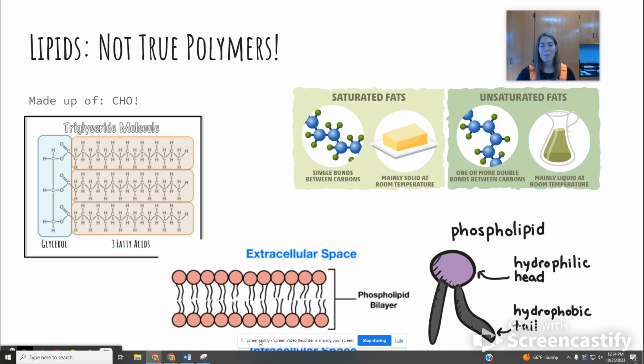And last but not least are phospholipids. These make up our cell membranes. These are super, super important. Our phospholipids have a hydrophilic head, which means they bond to water, and they have hydrophobic tails, which means they don't like water. So your cells have to have this membrane. This is what keeps things in and helps keep things out.